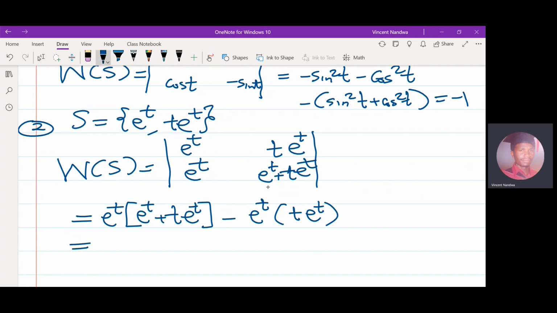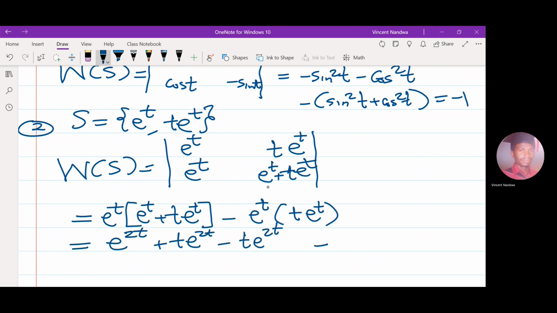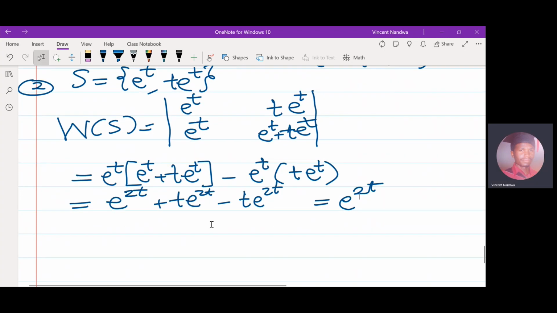So when you expand this, e power t by e power t, e power 2t, plus t e power 2t minus t e power 2t. That simplifies to e power 2t. Okay. Because the second and the third terms cancel out.